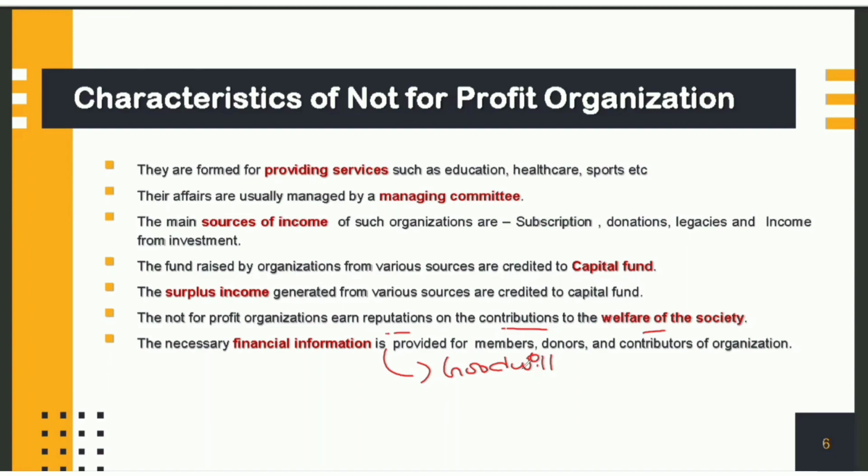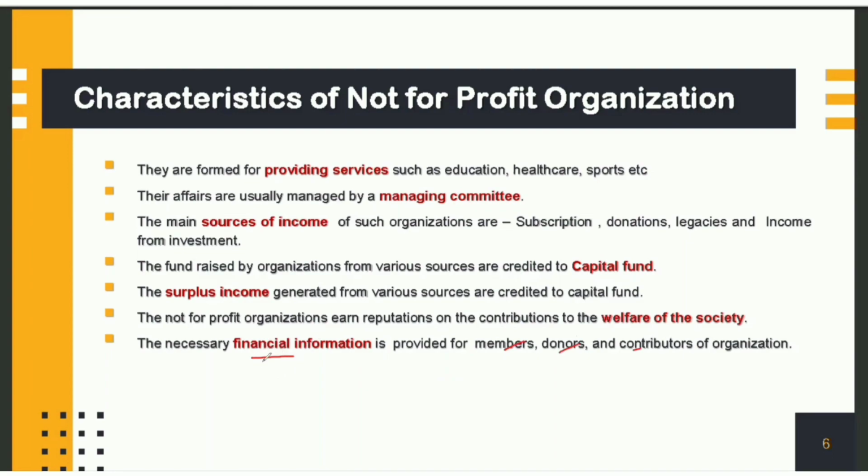The last point of today's video is that the necessary financial information is provided to the members, donors, and the contributors of the organization. Here, NPOs are supposed to prepare financial statements. Even though they do not engage themselves in any kind of business activity, still they are supposed to prepare the financial statements. They are accountable to the members, donors, and contributors of the organization.